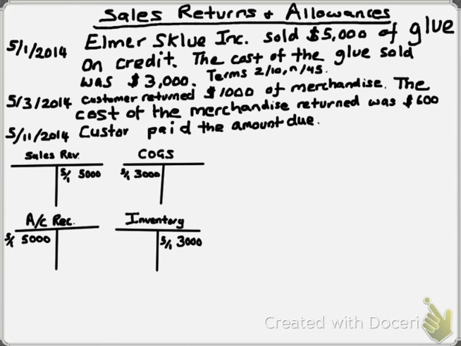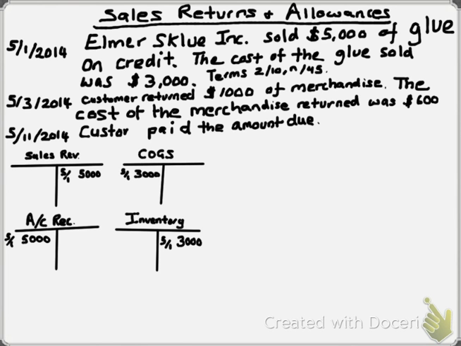Now, let's take a look at the transaction on May 3rd. The customer returned $1,000 of merchandise, and the cost of the merchandise returned was $600. Just like a sales transaction, a return transaction also has to have two journal entries.